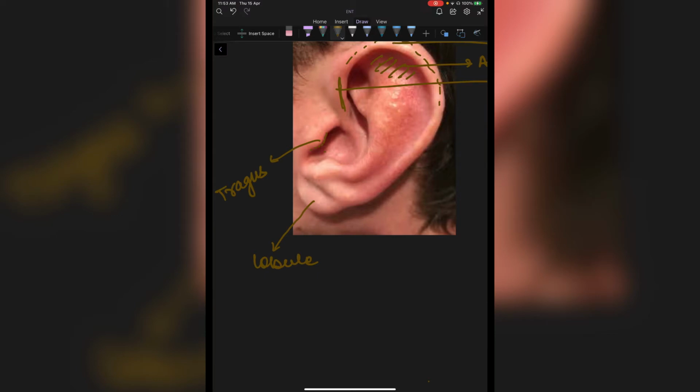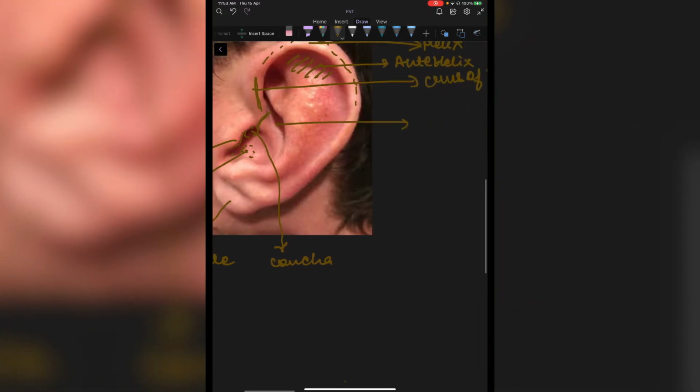The part below it is your antitragus. This opening is your concha. The one lying obliquely to this is called the cymba conchae, which is just a depression.